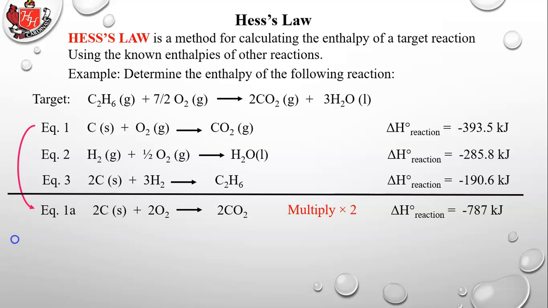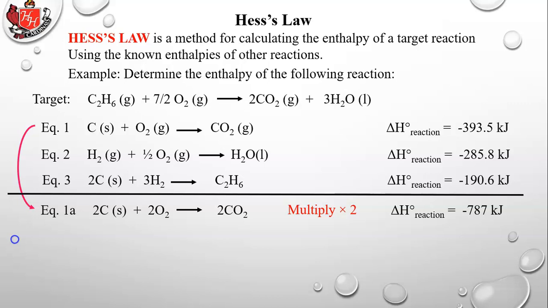We need to make that 2. So we're going to multiply equation 1 by 2, which doubles everything in equation 1. So we're going to have 2 carbon, 2 O2s, and 2 CO2s. Now the CO2s in the target equation match up with the CO2s down there in equation 1A.